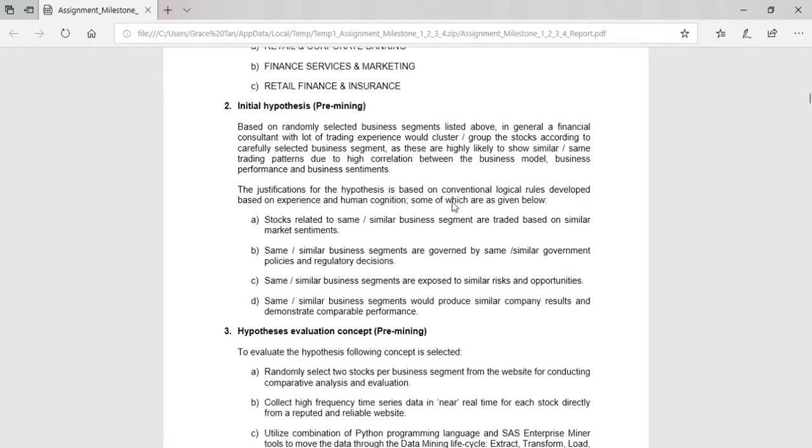Following selection of the business segments, we have come up with the initial hypothesis. The initial hypothesis is based on a very simple thinking: if I were a financial consultant with a lot of trading experience, I would use my experience and the beliefs that would tell me that I should be clustering the group of stocks according to carefully selected business segments.